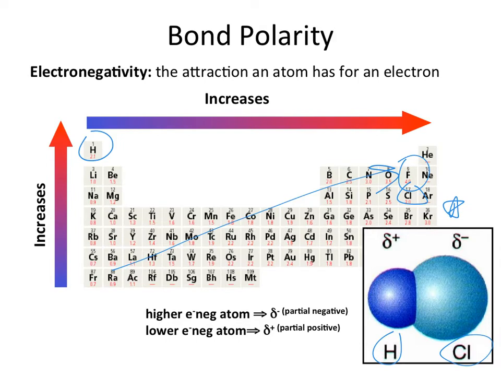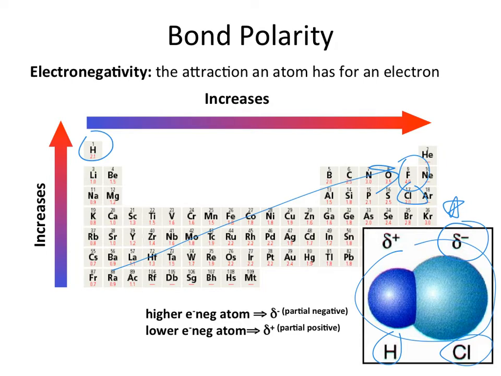When we look at the distribution of electrons inside that compound, the atom that has the higher electronegativity is going to have a partially negative charge on its surface area.